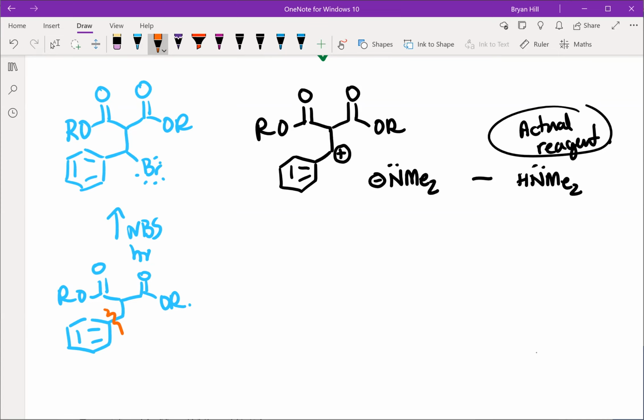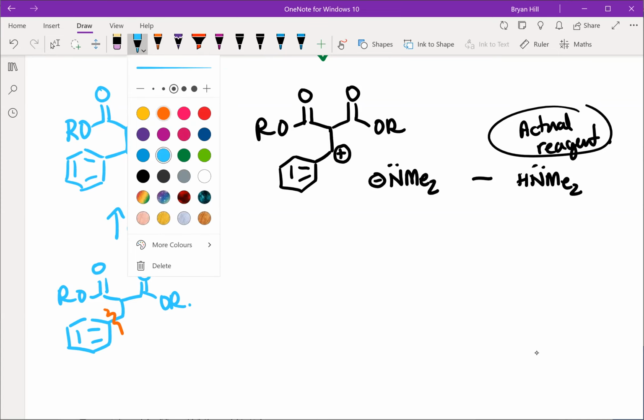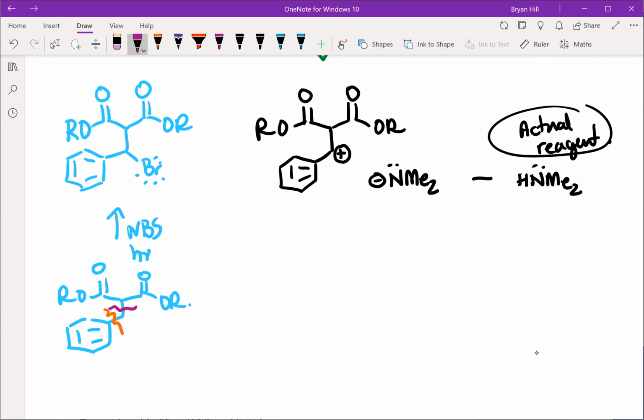This one in orange or this one in purple. Which would be the better disconnection there? Purple.